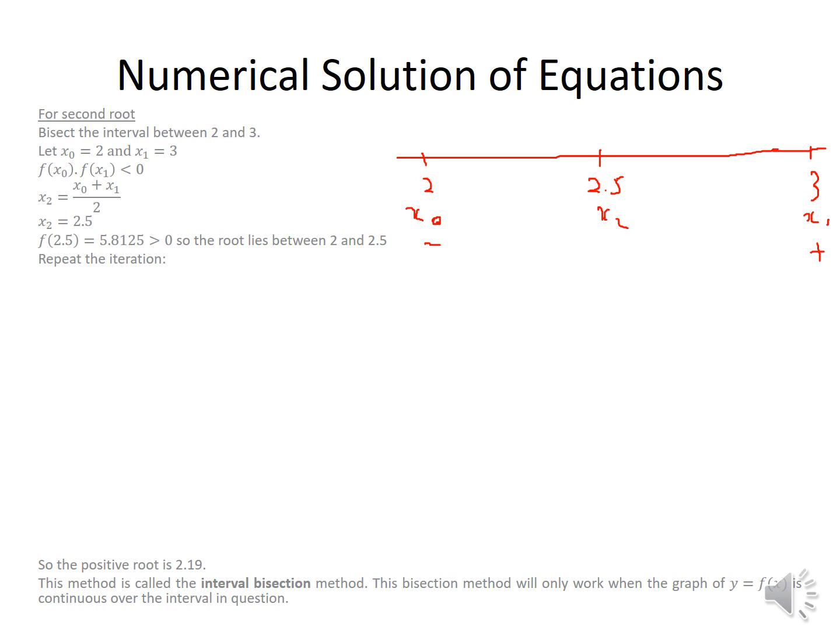And you check the output. f(2.5) is 5 point something. It's positive. So you also know that the root should be between 2 and 2.5. It's not between 2.5 and 3, because you look at the sign, negative and plus.